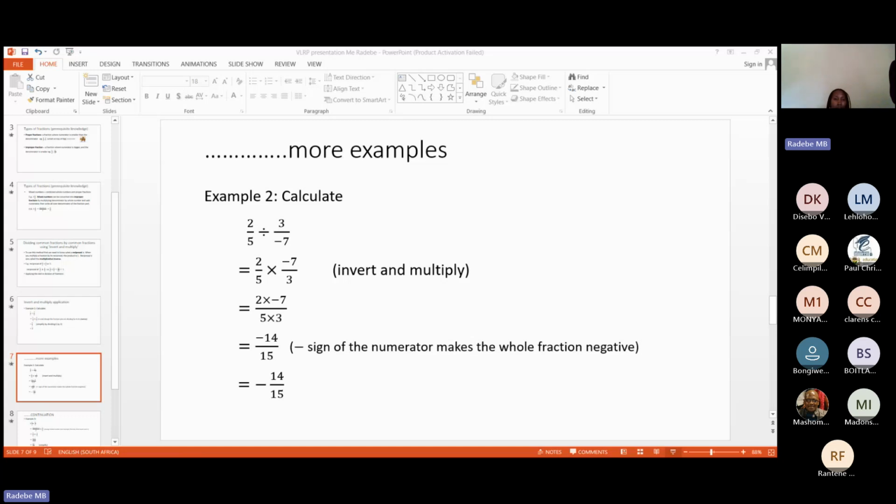It's just one number. So whatever is happening with the number in the denominator or in the numerator will affect the whole fraction as is. So the last step that we need to do here is to sort out the issue of the negative sign. The negative sign will affect the whole fraction, therefore the whole fraction will end up being negative 14 out of 15.